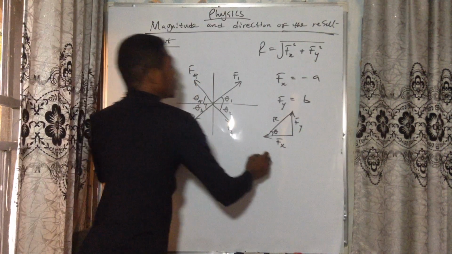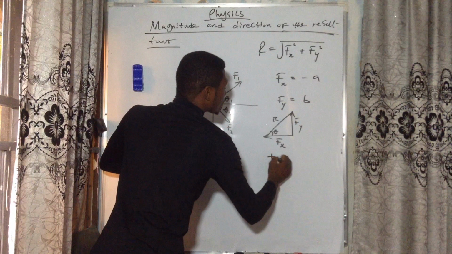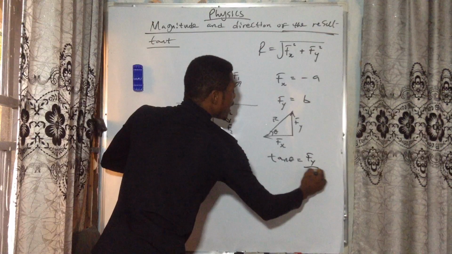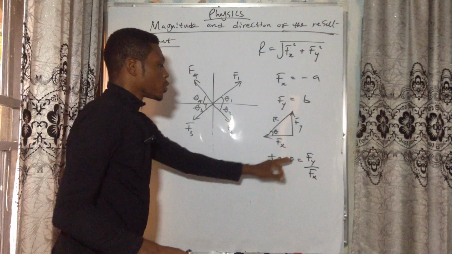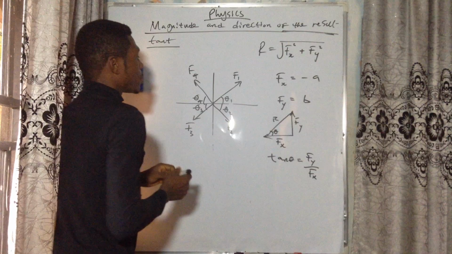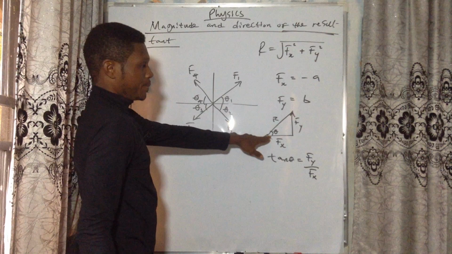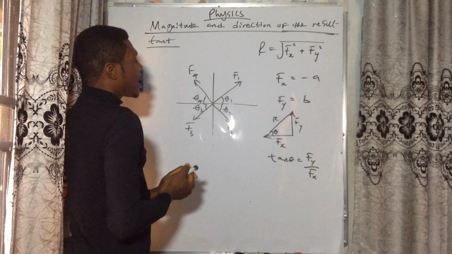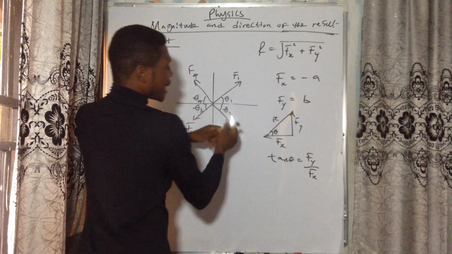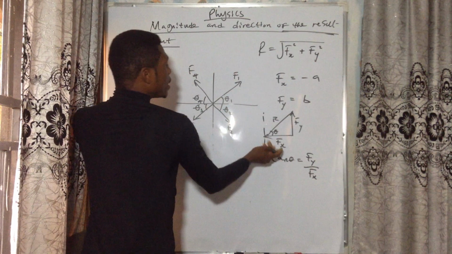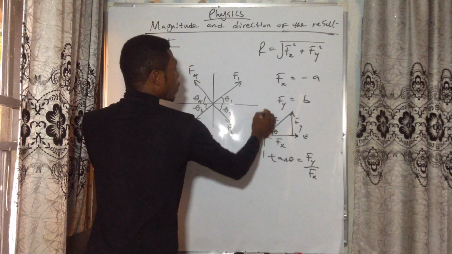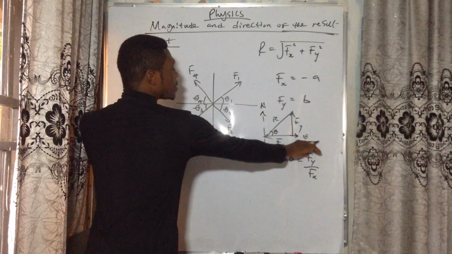So now, tan theta equals Fy over what? Fx. So let's say this angle is here. If you want to know the direction of this angle, see the direction: this is east, and this is north.